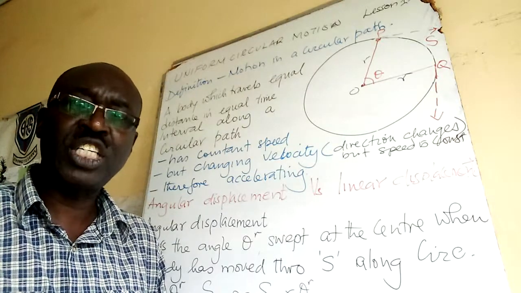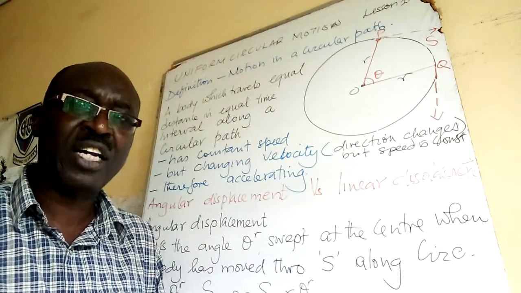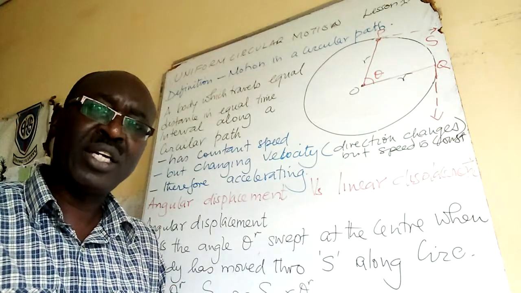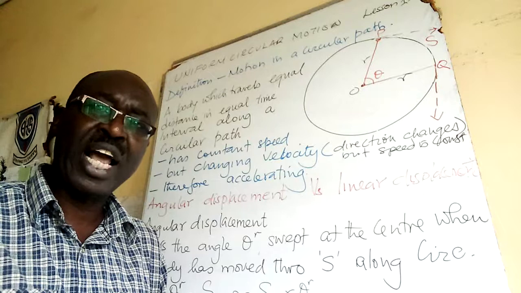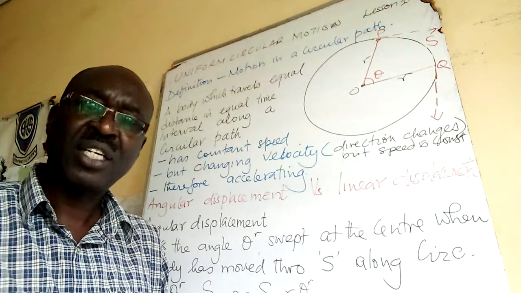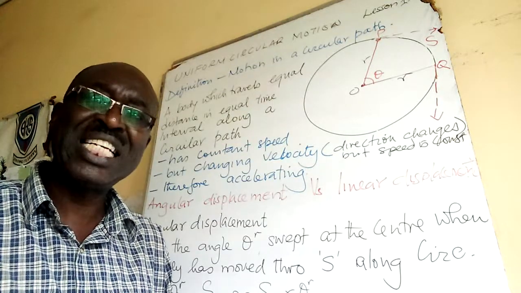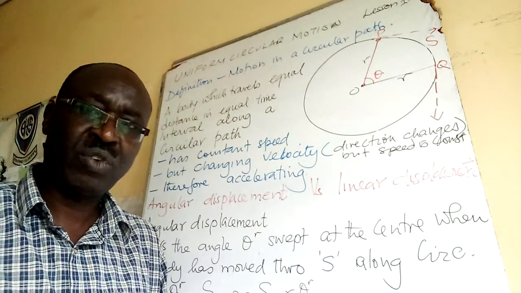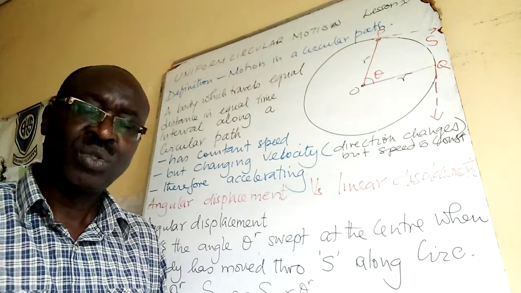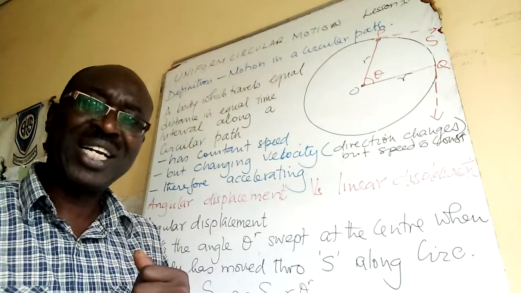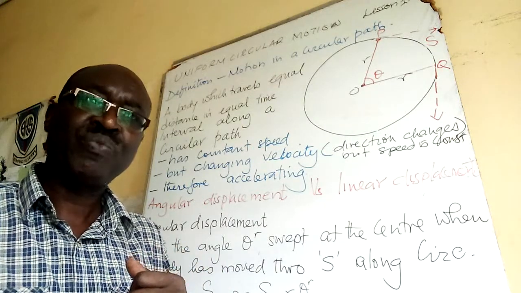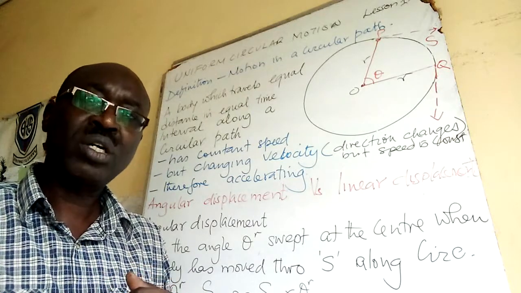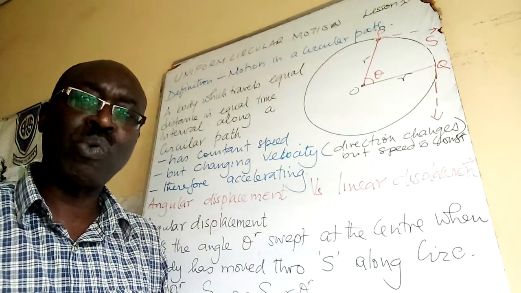Change in velocity comes from the fact that the movement prescribed there covers some distance in equal time intervals. A vector quantity is said to change when either size is changing or direction is changing or both.